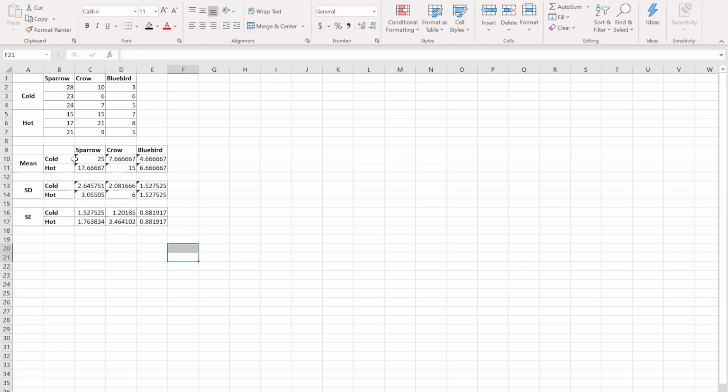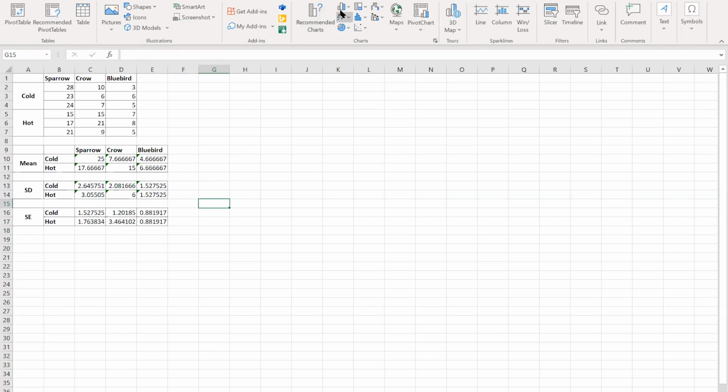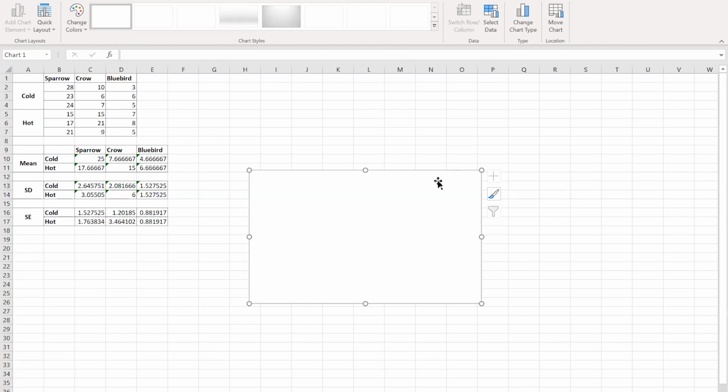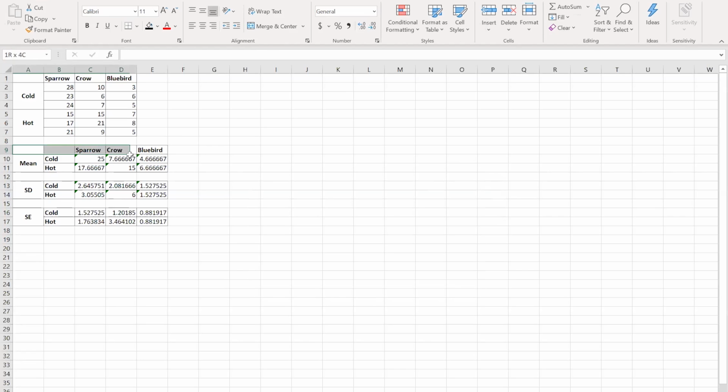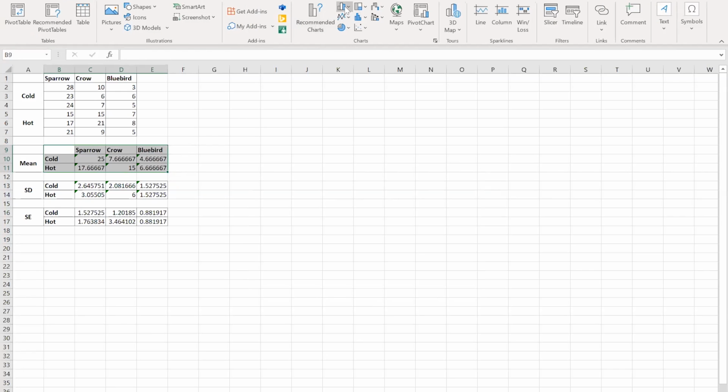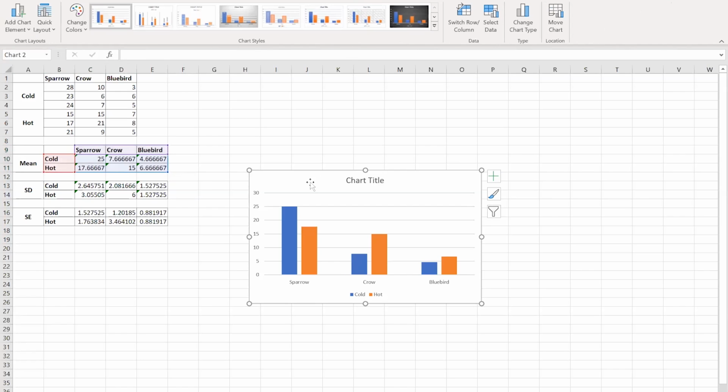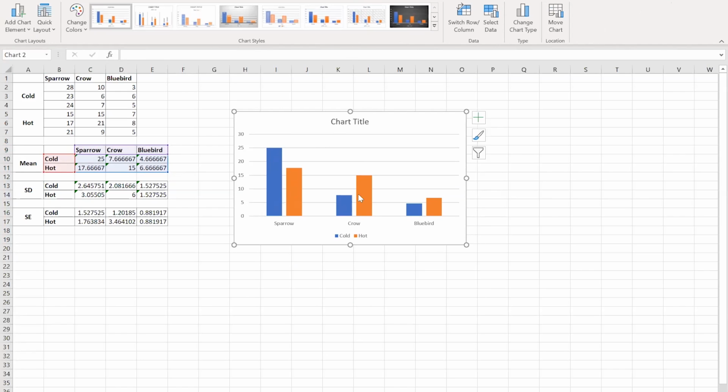So now that we have all of these statistics, these metrics, we can make our chart. So we insert, oh, here, let me actually select the data first. We're going to use this data up here. This is cold versus bird species, and the means is what we want to plot. And we get something like this.